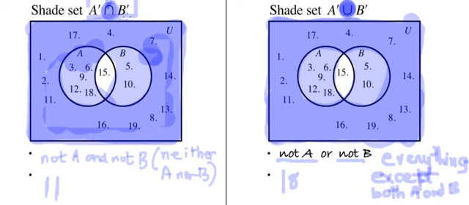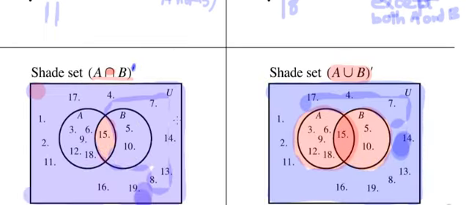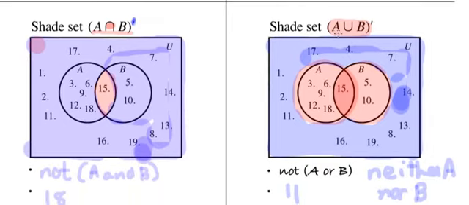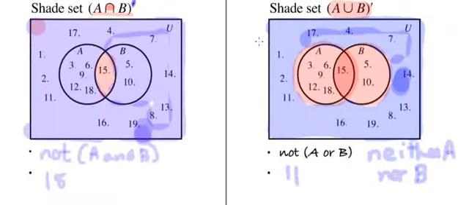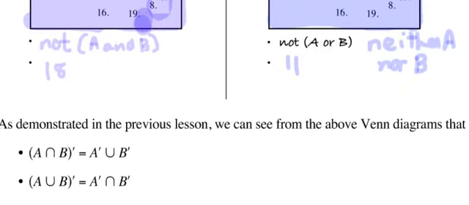A prime and B prime ended up giving the exact same result as A or B all prime. And this set, A prime or B prime, ended up being the same as A and B all prime. This is something that came up in an earlier example, and this is the time they've chosen to nail it down.